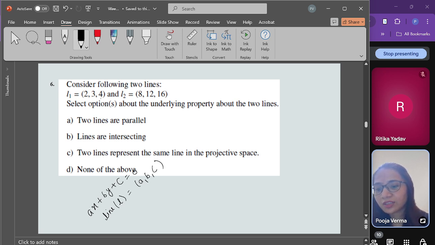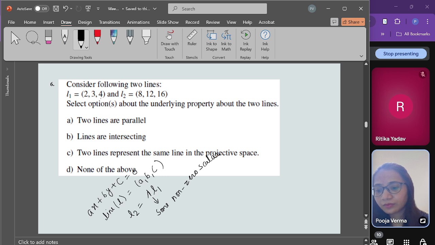While in projective geometry, two vectors represent the same line or point or plane if they are scalar multiples of each other. That means L2 is equal to lambda L1, where lambda is some non-zero scalar, right?